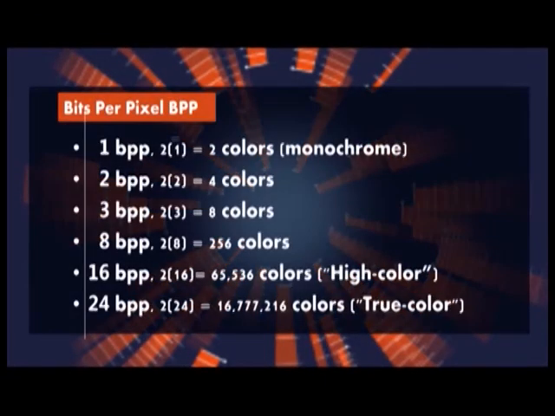That is, 1 BPP: 2 raised to power 1 equals 2 colors. That is monochrome. 2 BPP: 2 raised to power 2 equals 4 colors.